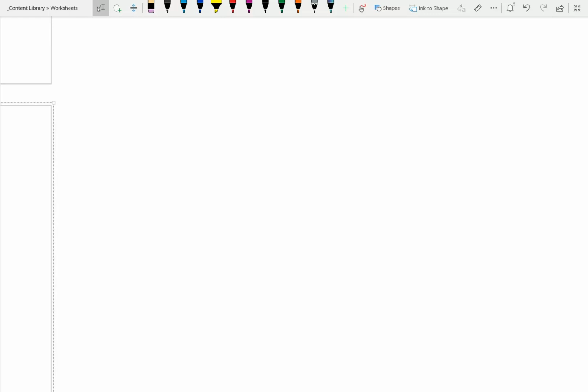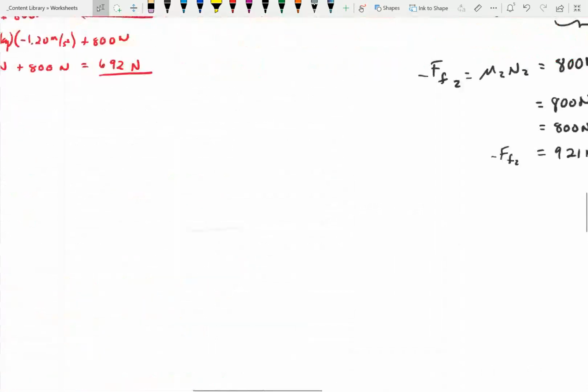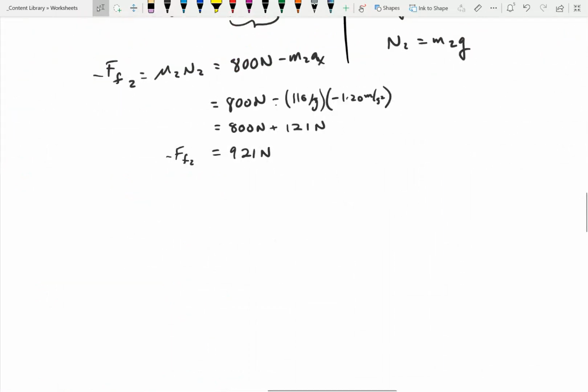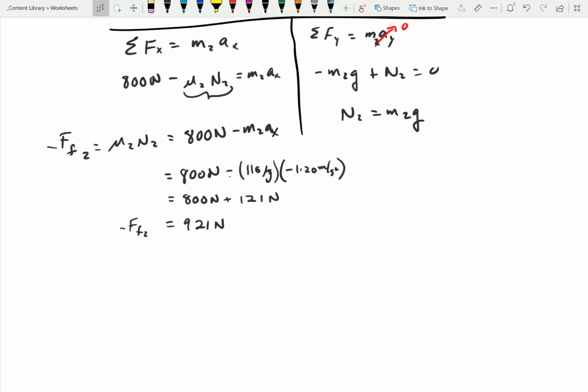Oh, I'm looking at the wrong thing. I had 908. Did I do my math wrong? One is correct and one is wrong. Okay, 11 times 12. I am suddenly really doubting myself, which of course is a bad thing.